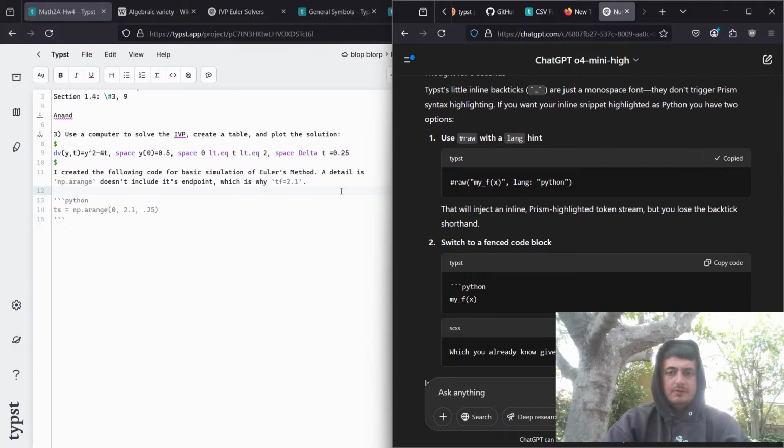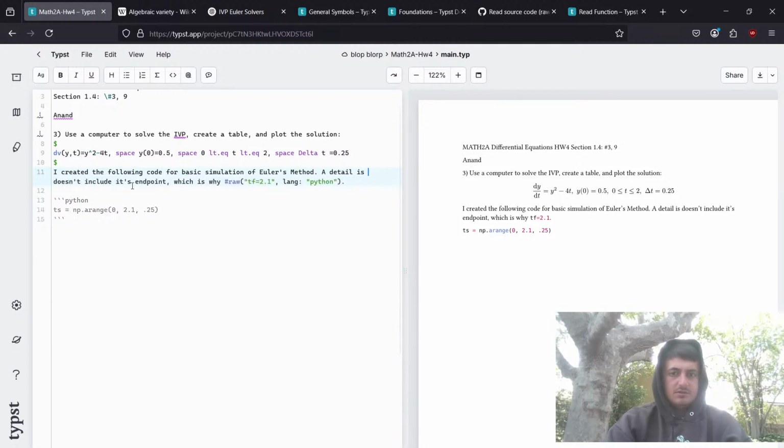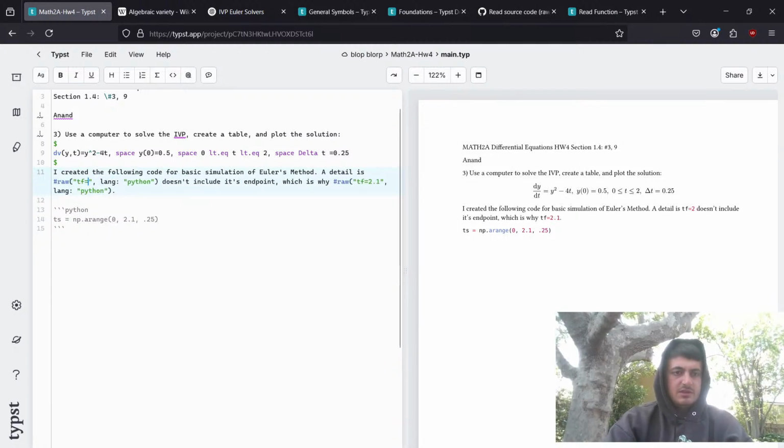Oh, really? That's what I have to do? That's pretty cool, but it's also really annoying. Because then for all of these, I gotta do dt equals 0.1. A little less convenient. Oh, but you can't put it in backticks. Yeah, there we go. So this is np.arange.